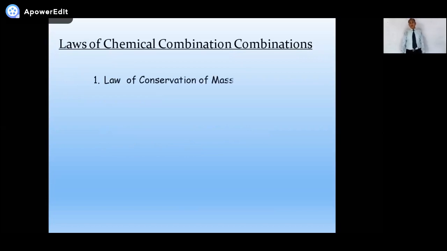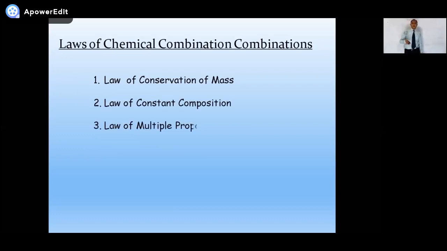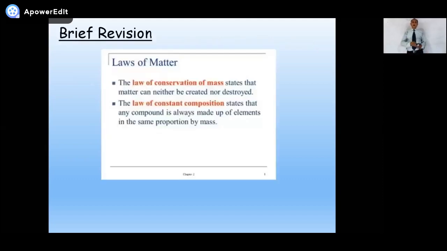So what is the brief revision? You know that we have started chapter number 2, and we are doing the first topic, laws of chemical combination. You can see on the screen there are 4 laws. Out of these 4 laws, we have covered 2 laws, and today we'll be covering the third one, the law of multiple proportion.